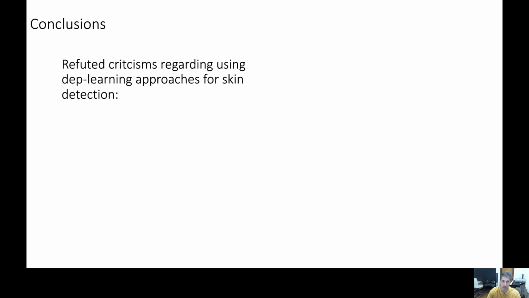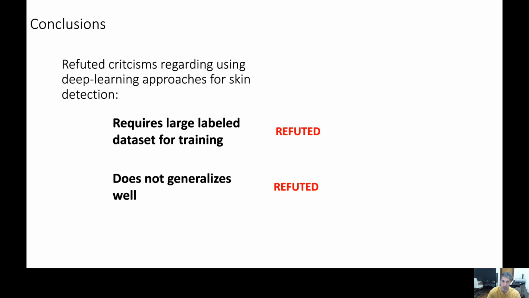Conclusions. In this work, we refuted some common criticisms regarding the use of deep convolutional networks for skin segmentation. The criticisms regarding training size and generalization power were refuted by using domain adaptation techniques to explore labeled data from other domains. The criticism regarding execution time was refuted by using an efficient, holistic FCN.